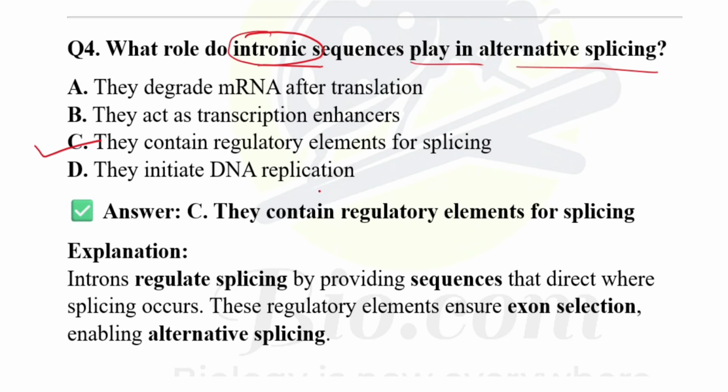Introns regulate splicing by providing sequences that direct where splicing occurs, guiding that it has to be spliced from here. So these regulatory elements ensure exon selection, enabling alternative splicing. This is the role of intronic sequences in alternative splicing.